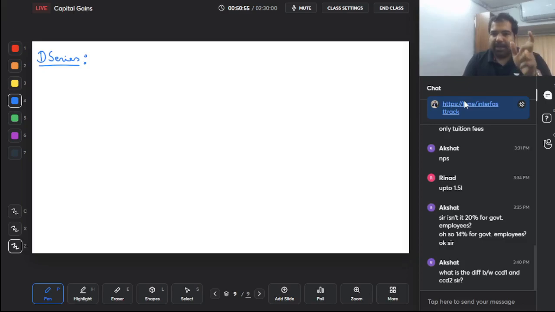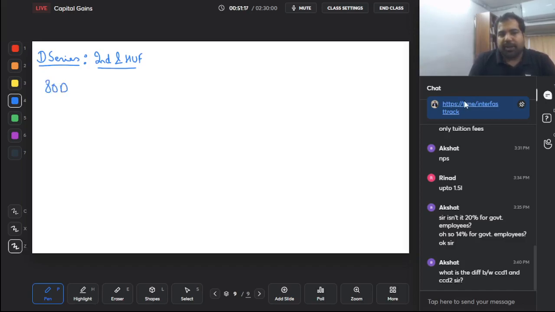So your family size was very small there. In the D series, your family size increases. Let's see how. This D series is also applicable only to individuals and HUFs. As we go ahead, you will tell me whether it's applicable to resident, non-resident, or both.